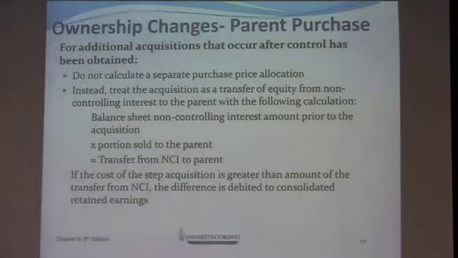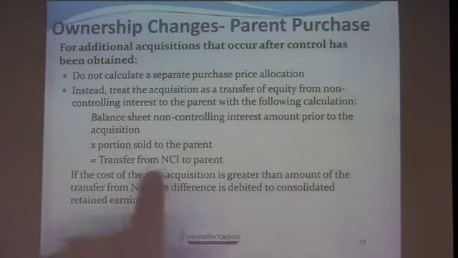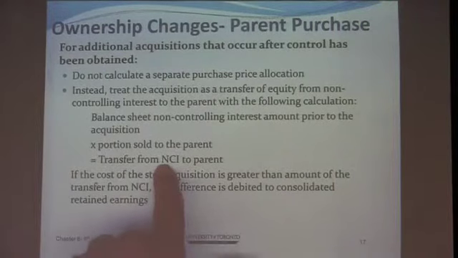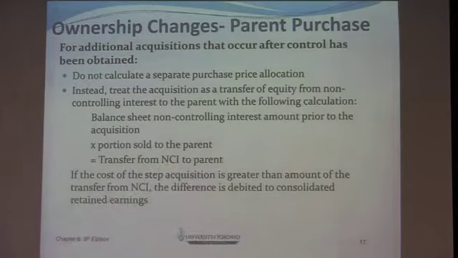In this case, in the first one, in April, Argyle issued more shares and Regent did not participate. So in this case, it would be a transfer from parent to non-controlling interest in April. But in the second set of transactions in October, you'll see that it will be non-controlling interest transferring portions of the amount to the parent.